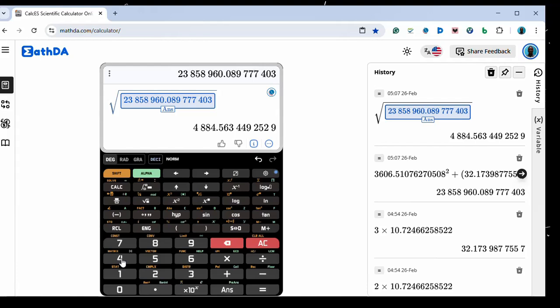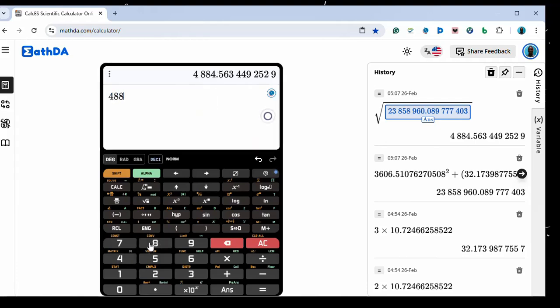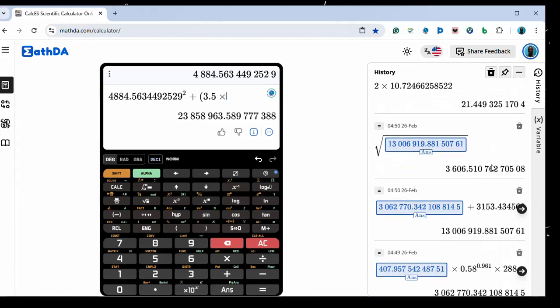So I'm going to say 488.563,449,2529 square plus bracket open 3.5 times, what?